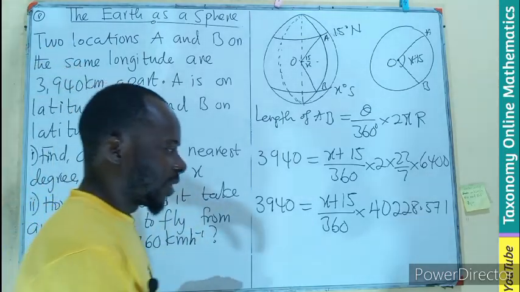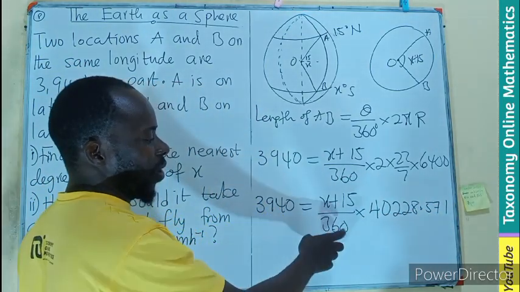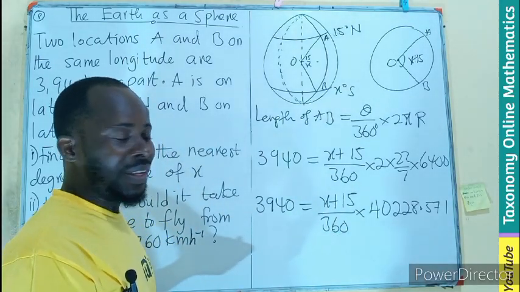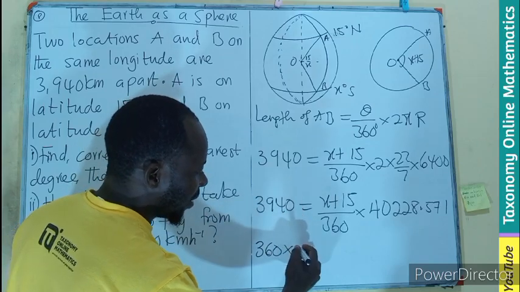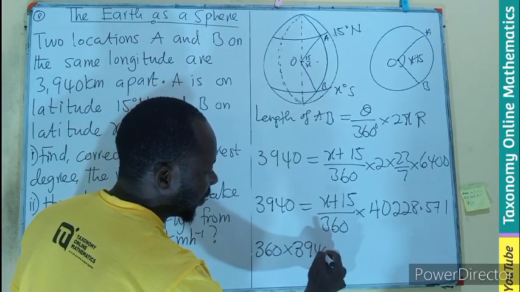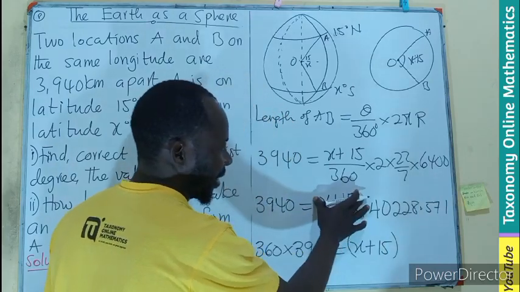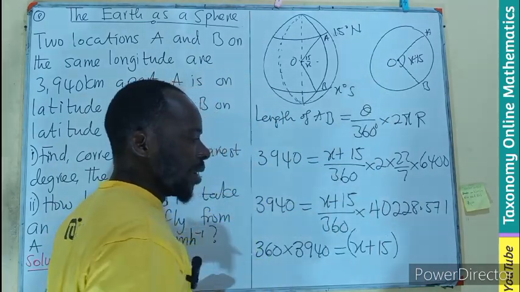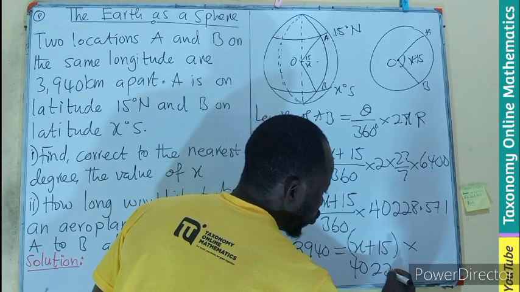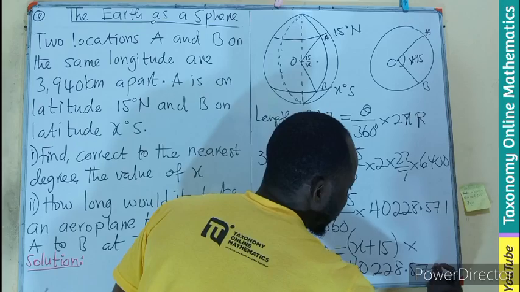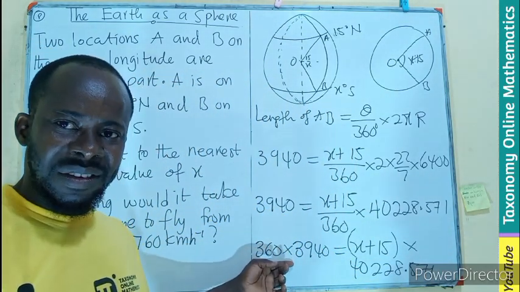This will multiply the numerator and this will divide, so we multiply now by the LCM, which will be 360. So I'll be having 360 multiplying 3,940, giving rise to X plus 15. This is a single angle you're looking for, so you put them in the bracket before we multiply by 40,228.571.